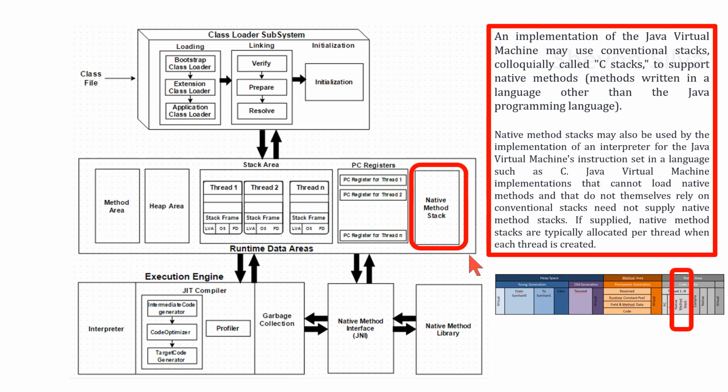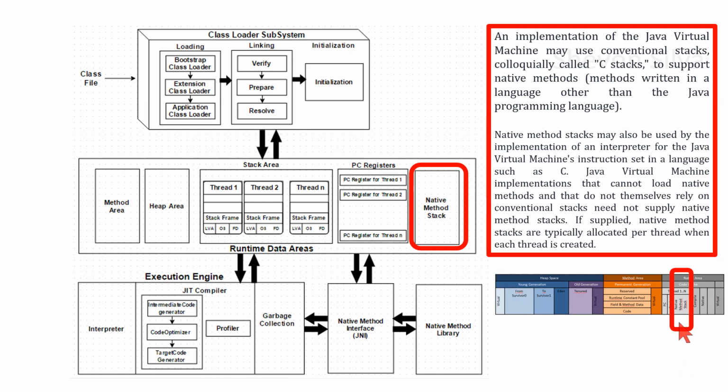Native method stacks may also be used by the implementation of an interpreter for the Java virtual machine's instruction set in a language such as C. Java virtual machine implementations that cannot load native methods and that do not themselves rely on conventional stacks need not supply native method stacks. If supplied, native method stacks are typically allocated per thread when each thread is created.